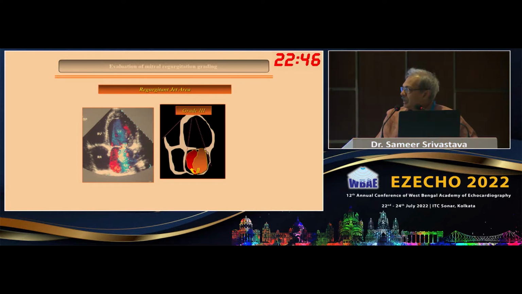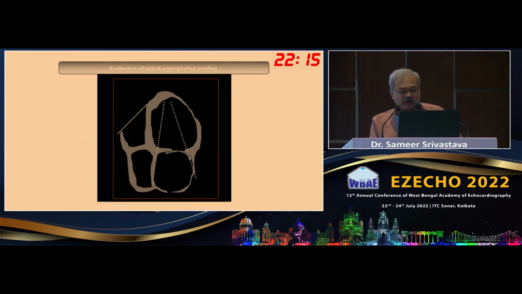This is a typical grade 3, but the problem is that, as we understand conventionally, BART: blue away and red towards. If your transducer is here, you'll see only blue as regurgitant, but it turns and swirls. This morning we had a couple of cases of tricuspid regurgitation and mitral regurgitation where the jet was so dramatic that it twirled and came almost in the opposite direction and started looking red.